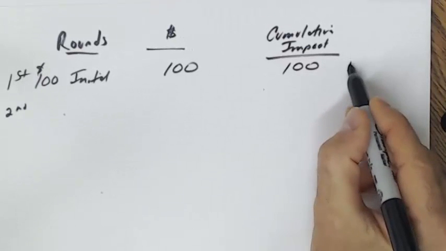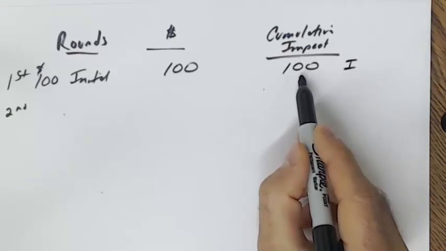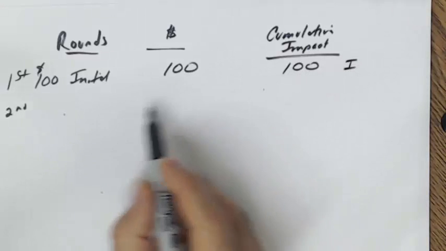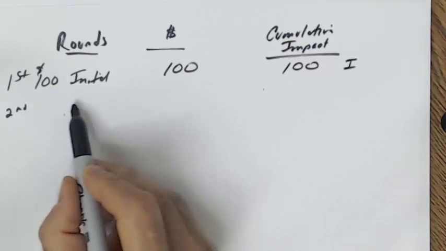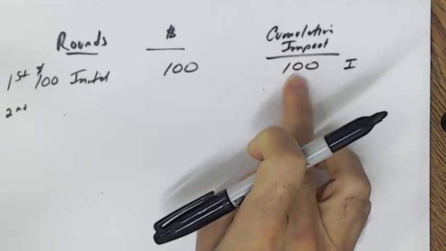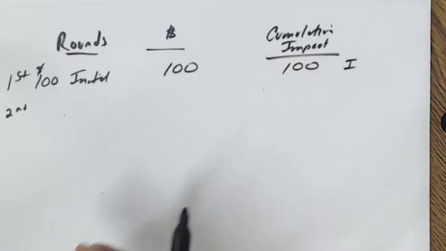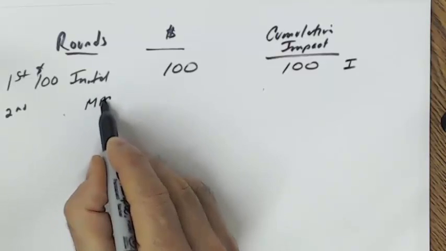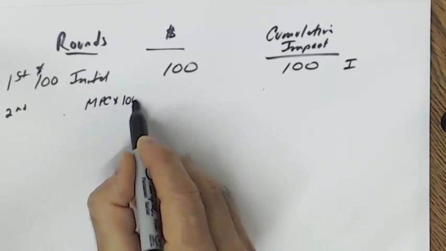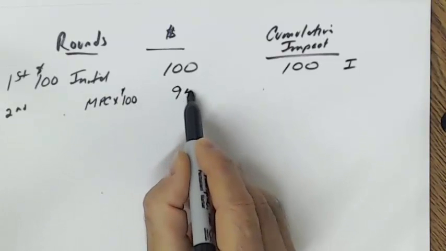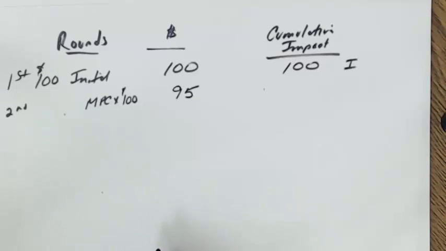So here we have the first part of the expenditure, the 100, which is the investment, and then only a fraction of this $100 is going to get spent. And what is that fraction? It's the MPC times the initial $100 change. In this case, it's going to be $95 if we have a marginal propensity to consume of 0.95.